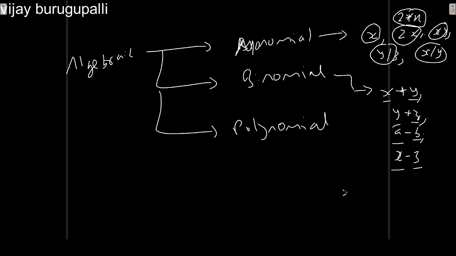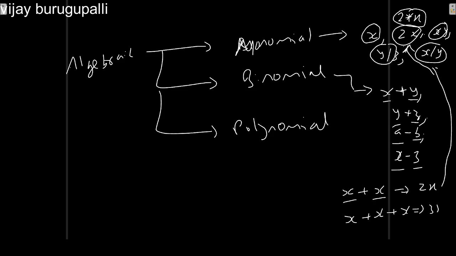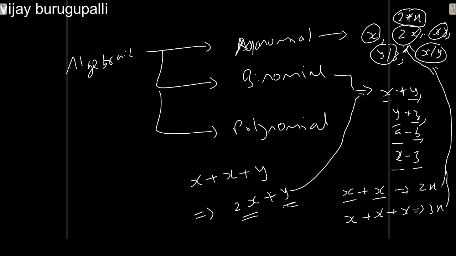If you have x plus x, this cannot be called a binomial expression because x plus x is nothing but 2x, which is a monomial term. Similarly, x plus x plus x is 3x, also a monomial term. But 2x plus 5 is a binomial expression because it has two different terms.